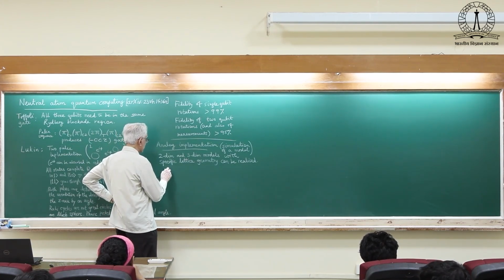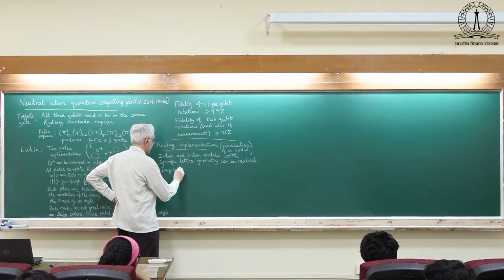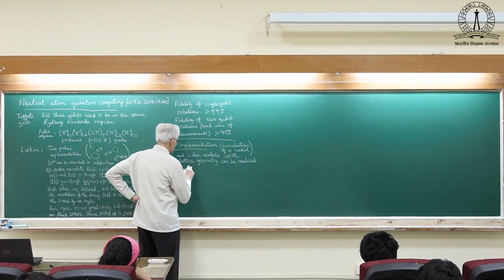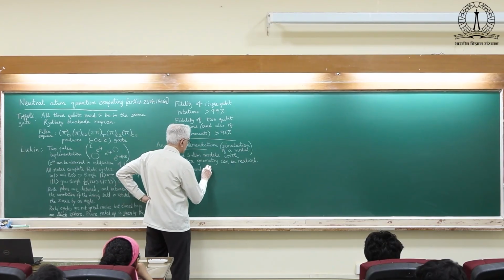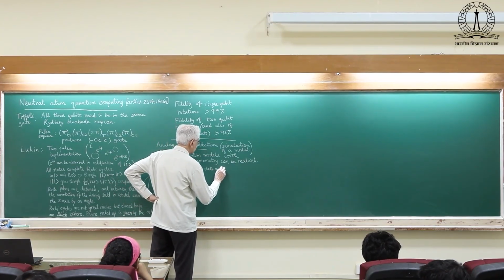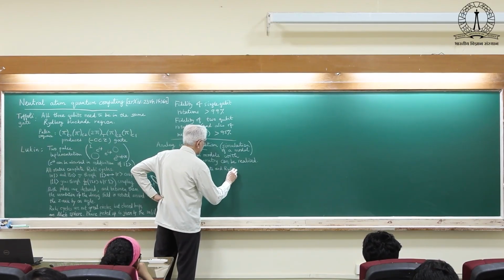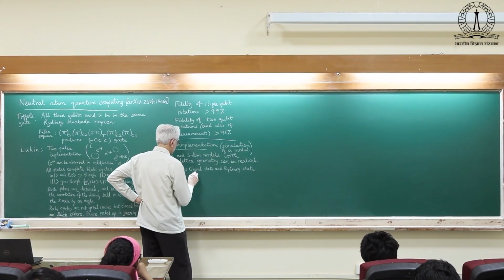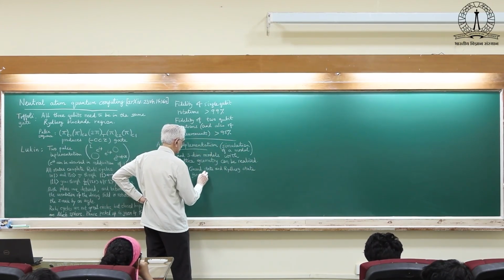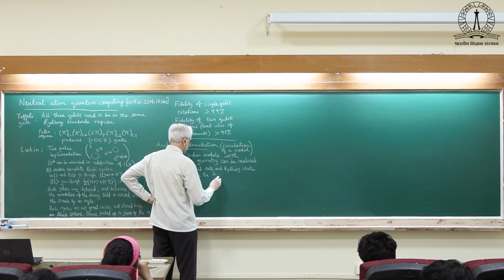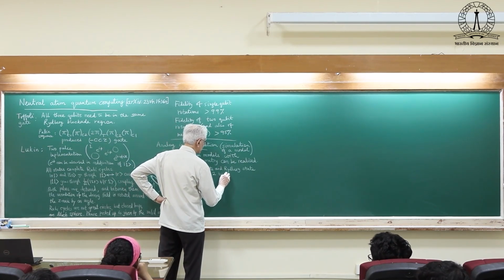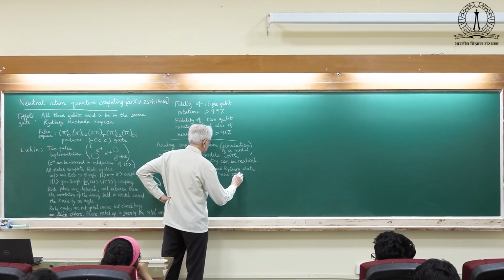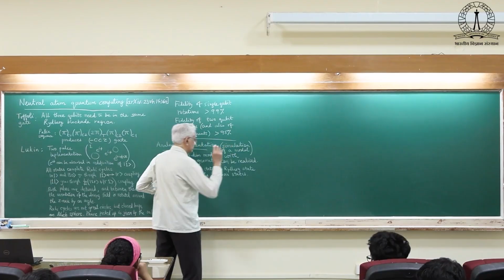So the simplest one is a so-called Ising version, where the ground state and the Rydberg state form the two basis states.